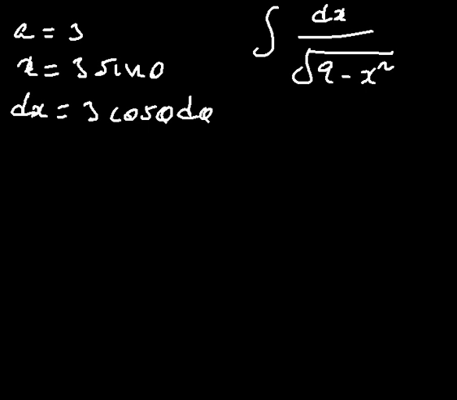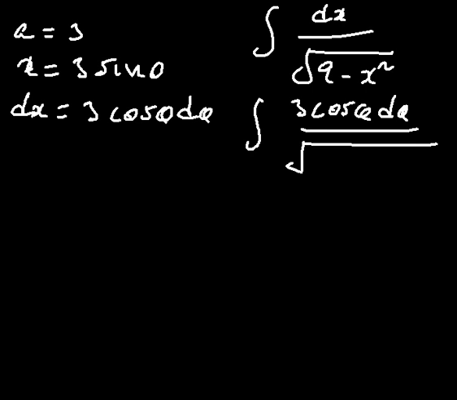We'll have the integral of dx, that is 3 cos theta d theta, divided by the square root of 9 minus x, where x is given as 3 sin theta. That is the same as 9 sine square theta.